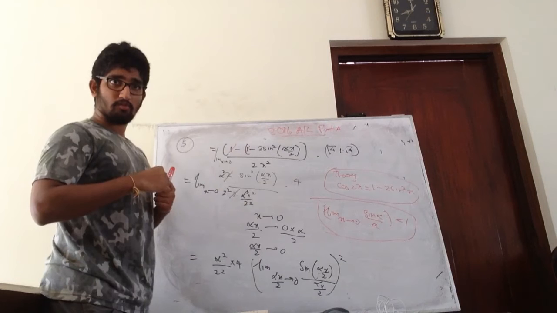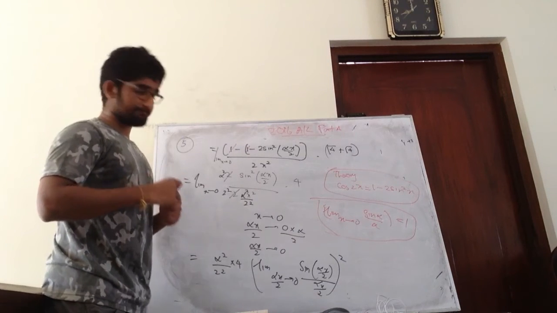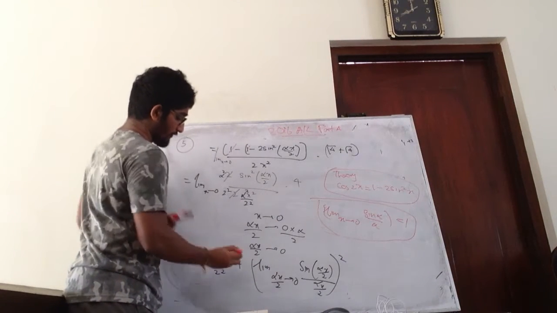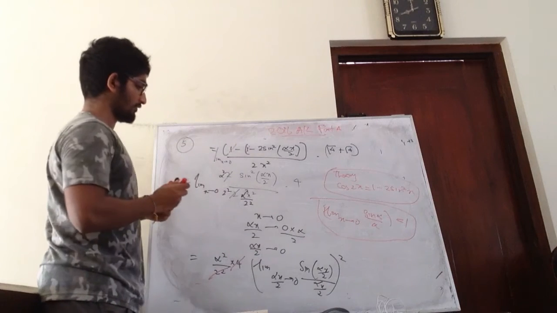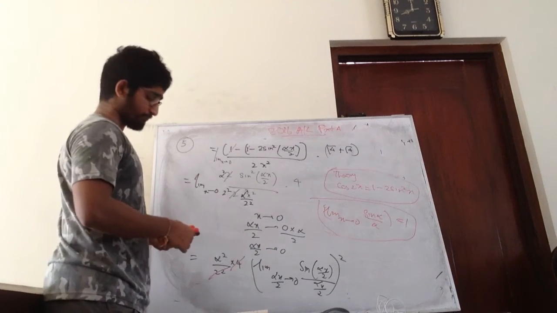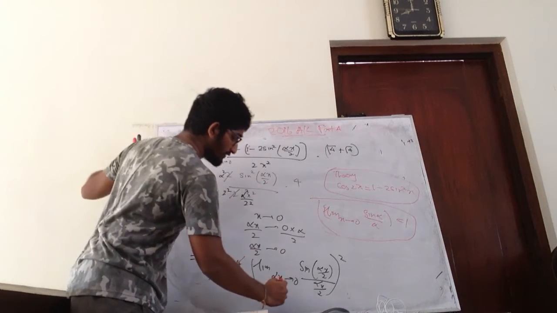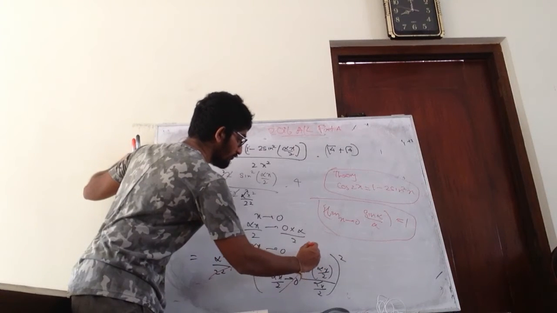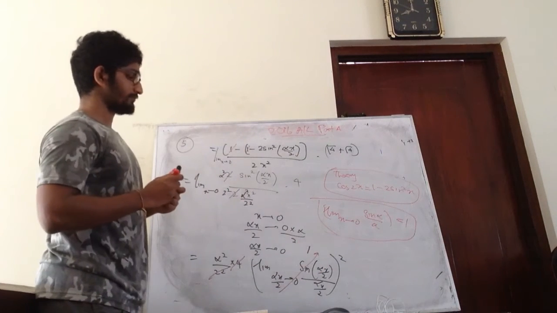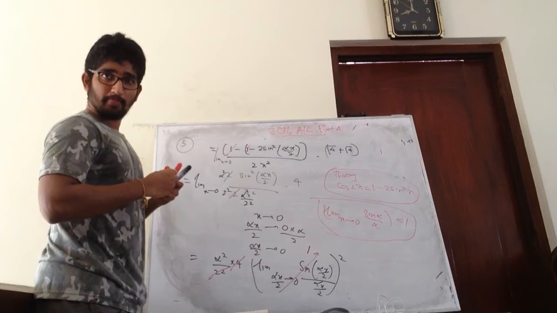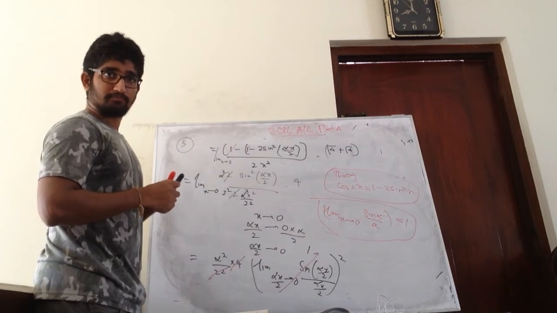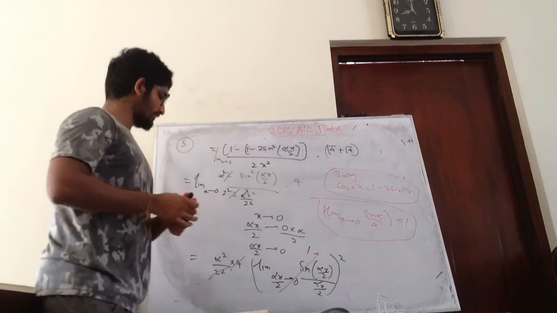Correct? Now I'm going to cut these off as well. Right? So what does this go to? This goes to 1.